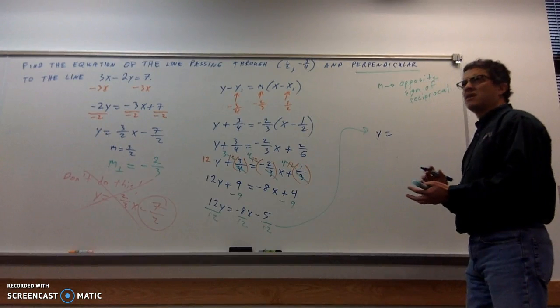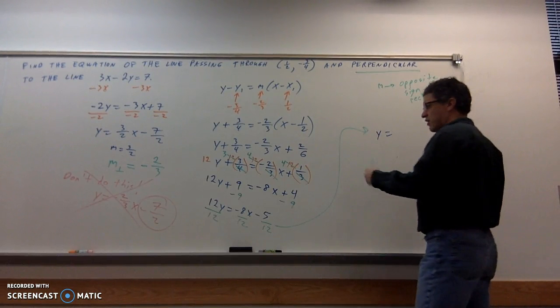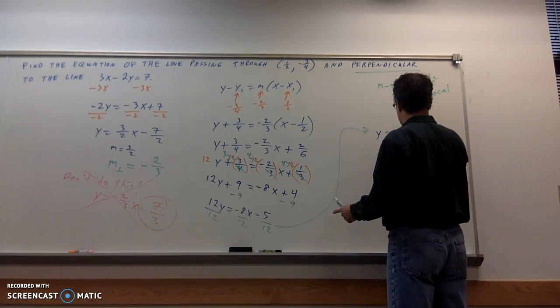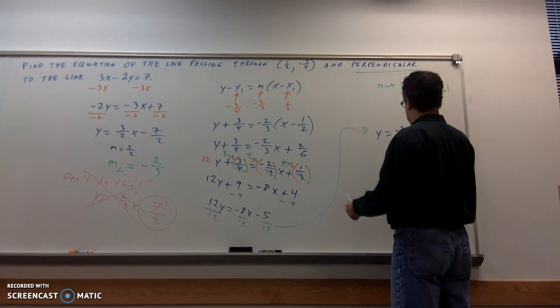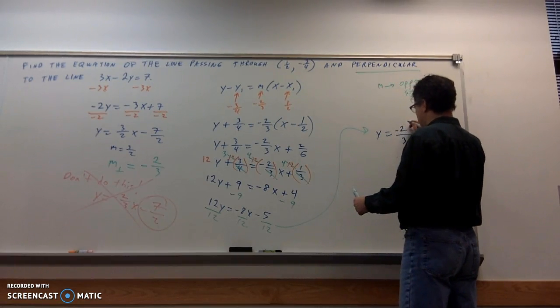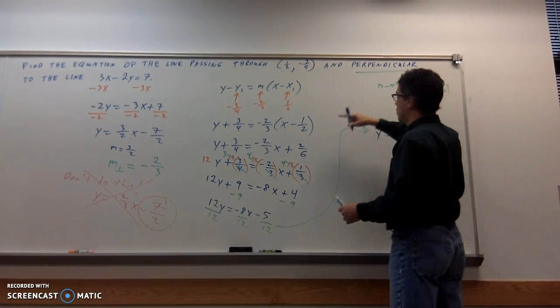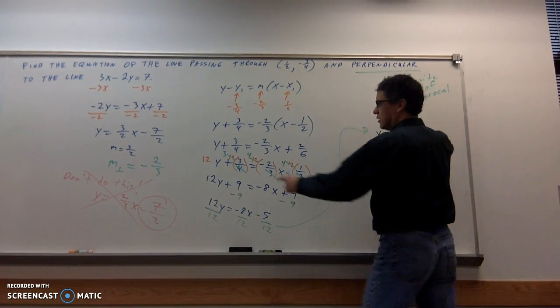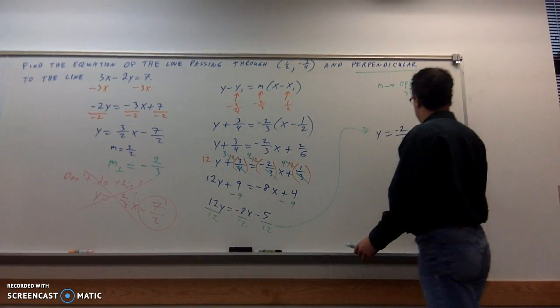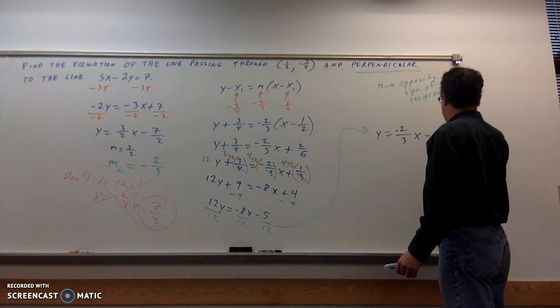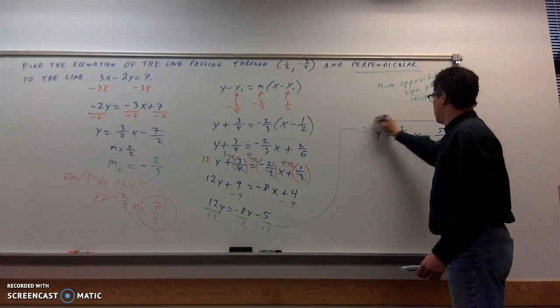That reduces, they're both divisible by 4, so 8 divided by 4 is 2, negative 2 there, and 12 divided by 4 is 3, so my slope's going to be negative 2/3, which is what I had, right? Negative 2/3 x minus 5/12.